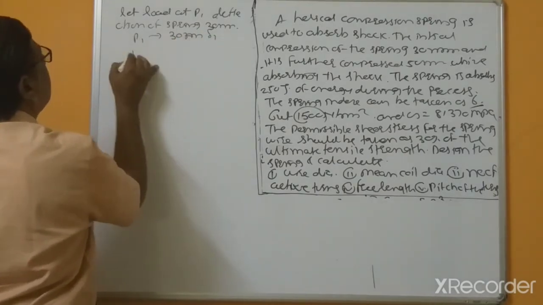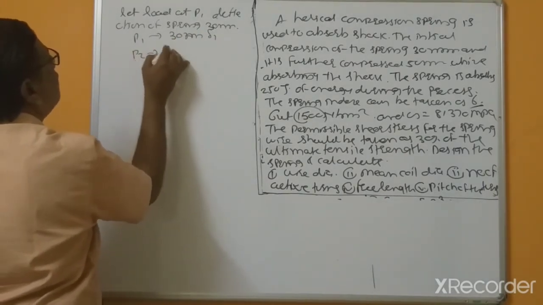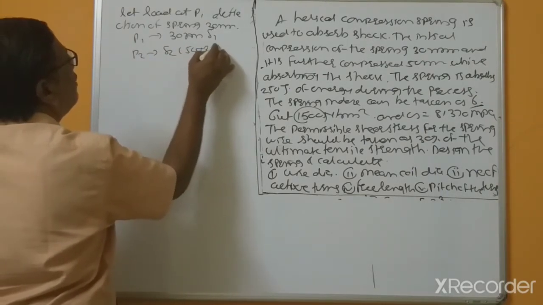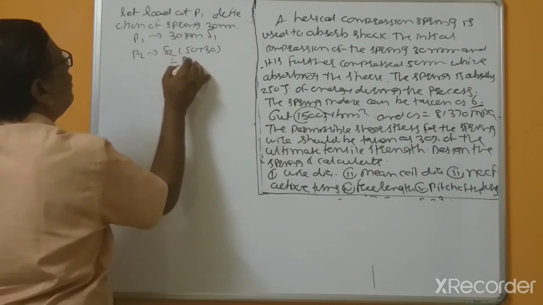And for P2, delta 2 equals 50 plus 30, this is equal to 80 mm, right?